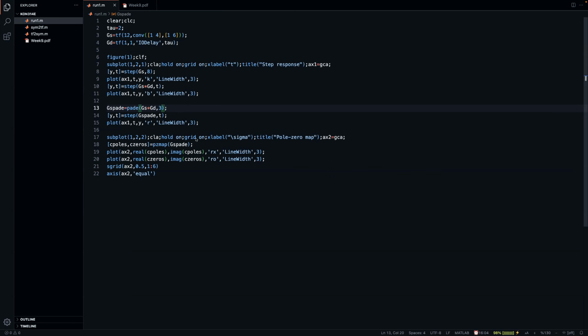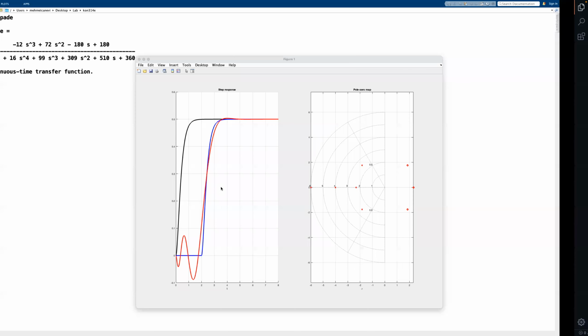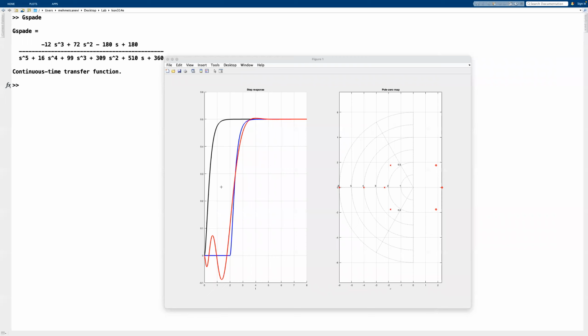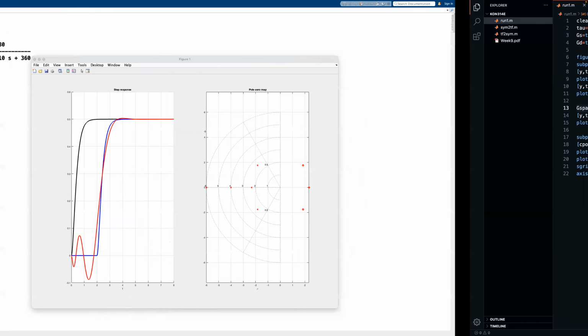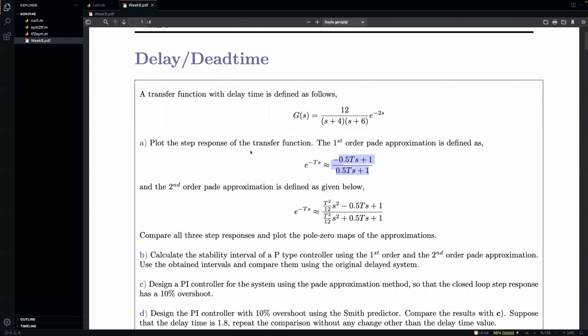Of course, from 3 and upwards, I'm not sure if we will use the Padé approximation with that high order. If you are interested in it, try dealing with a third order, fourth order Padé approximation. So now we see what the method here is.